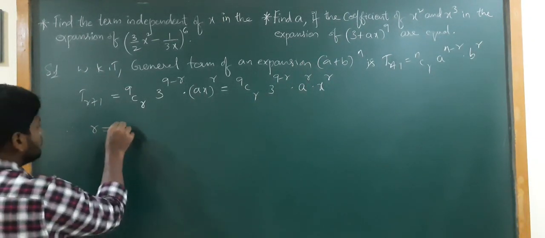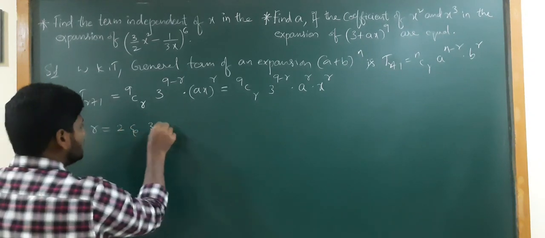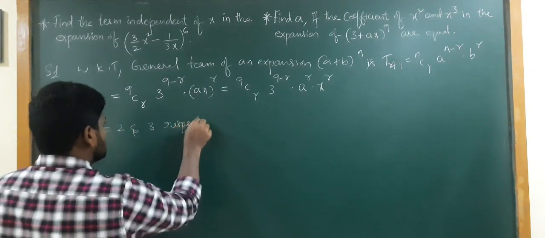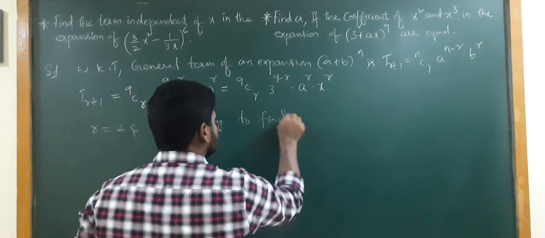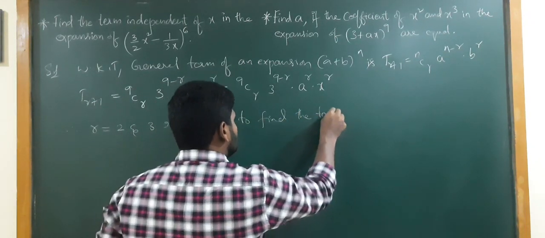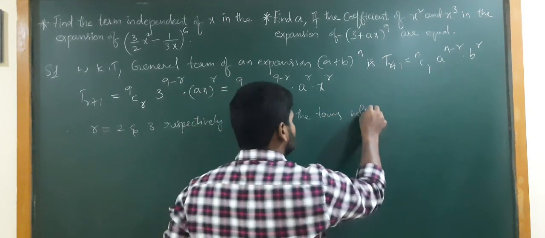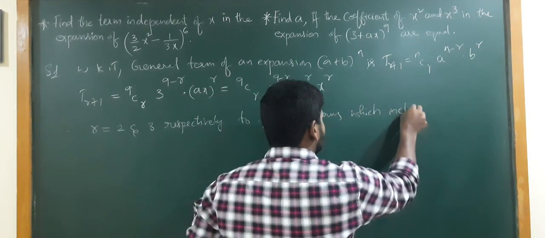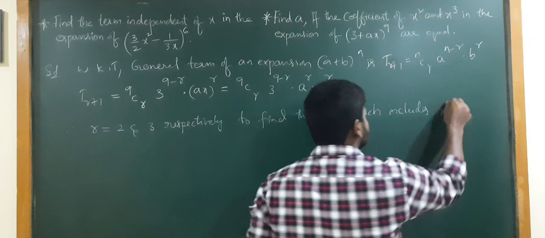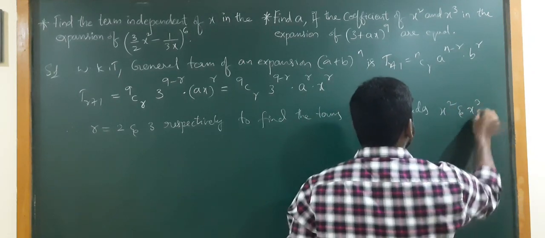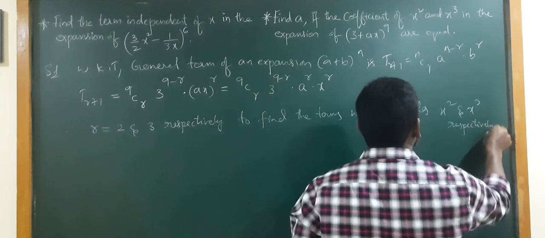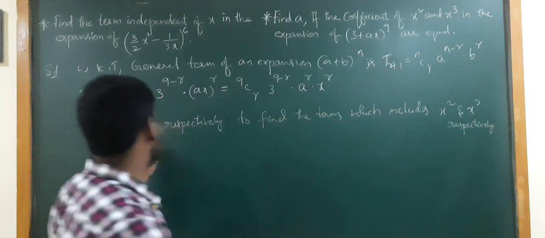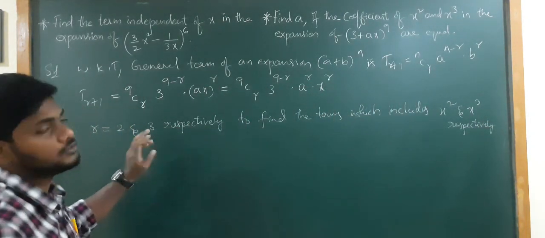Therefore, r equal to 2 and 3 respectively to find the terms which include x square and x cube respectively. Respectively means in that order. First is x square when r equal to 2, next is x cube when r equal to 3.